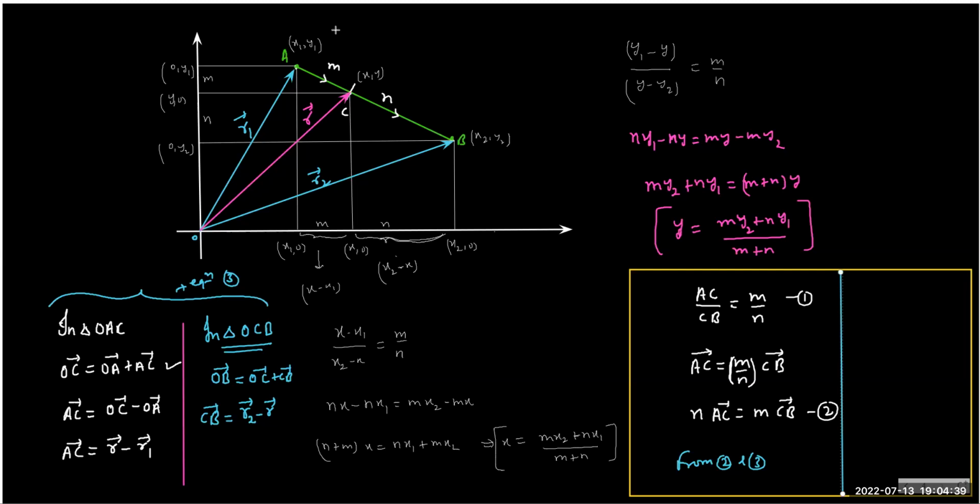So can I write n multiplied by r minus r1 is m multiplied by r2 minus r? Can I? Yes, sir. And now what are we trying to find? The r vector. It is only about rearrangement. The r turns out to be m r2 plus n r1 upon m plus n. Please do rearrange and get yourself this answer.